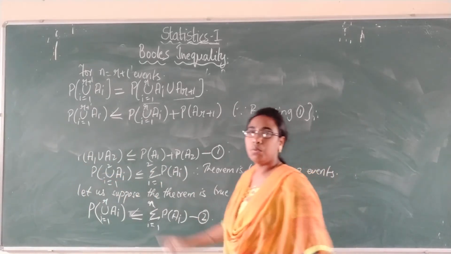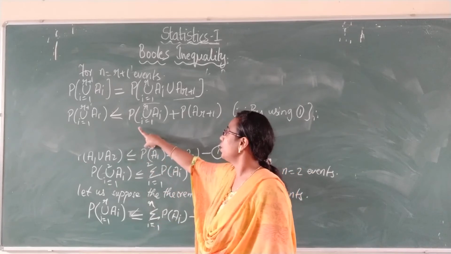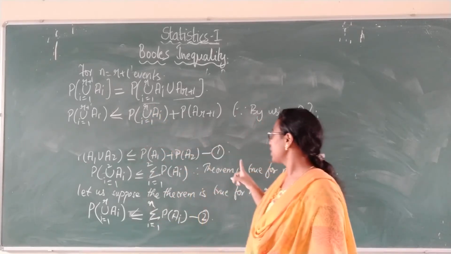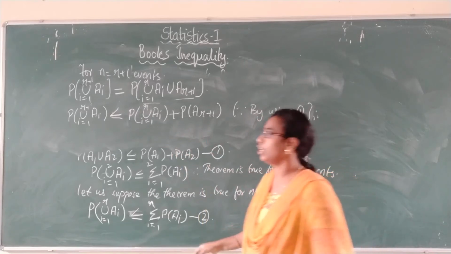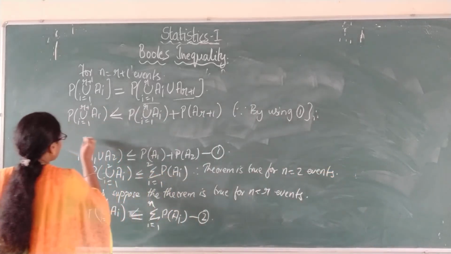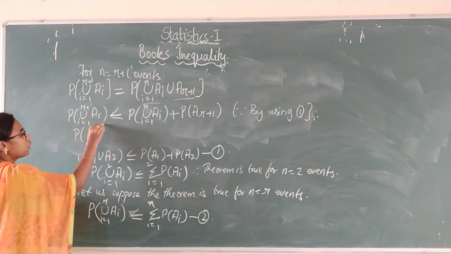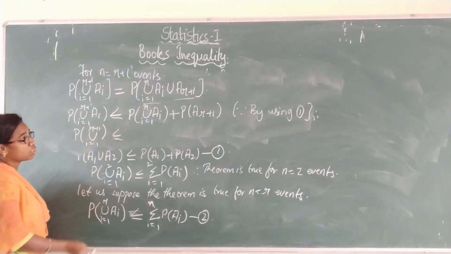Now here we have the probability of union i equals 1 to r of Ai. This term you can substitute with the equation 2 value. So probability of union i equals 1 to r plus 1 is less than or equal to this value.